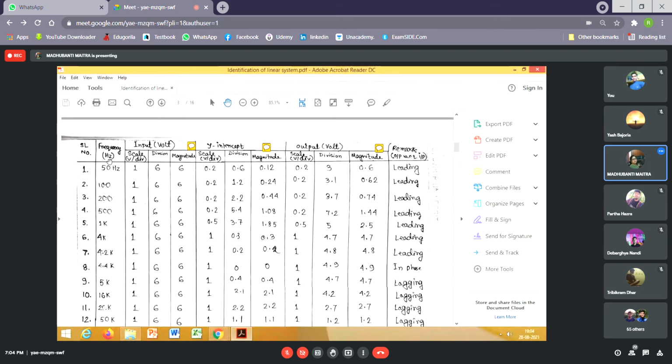The third column is 2A, the fourth column is 2C, and the fifth column is 2B.